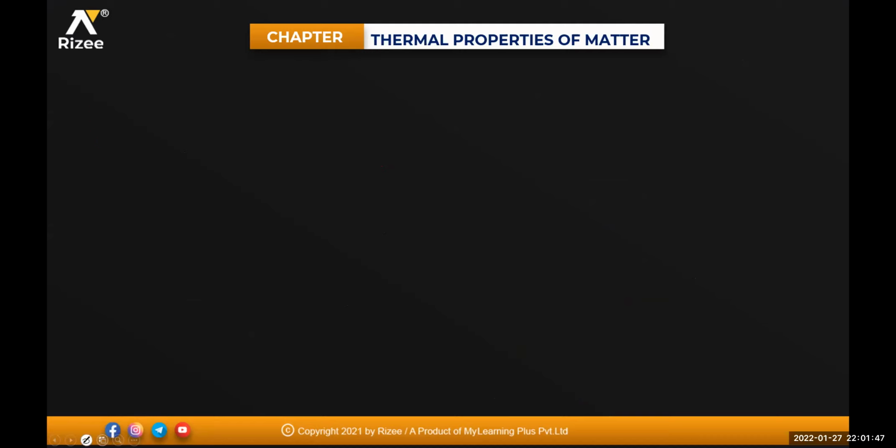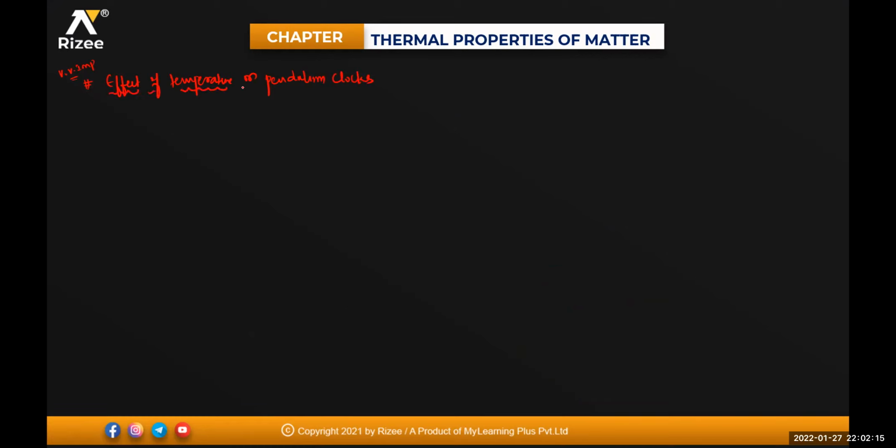Next point. Very, very important bit. Effect of temperature on pendulum clocks.